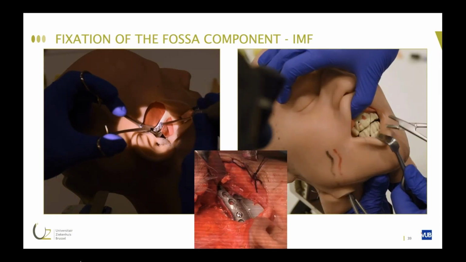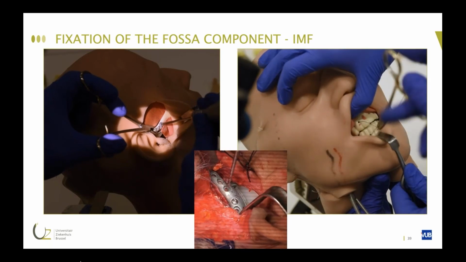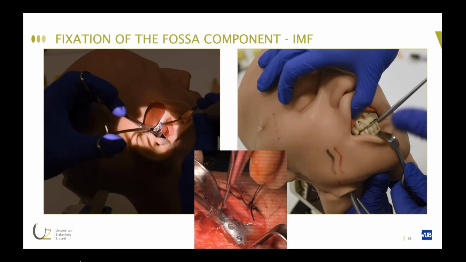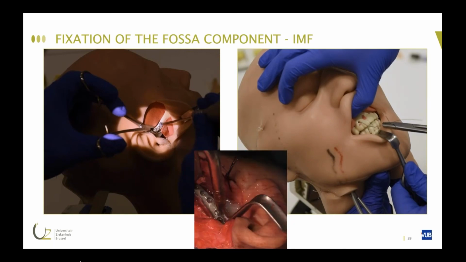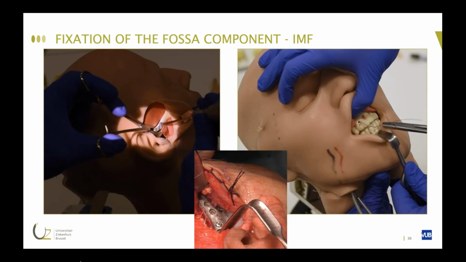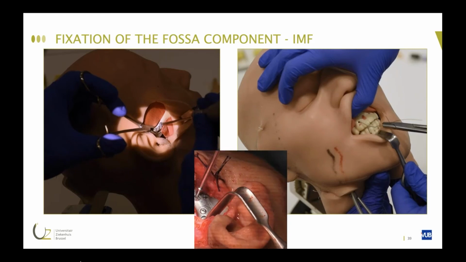And intermaxillary fixation is applied loosely. We need some leeway when we want to put the mandibular component back on top of the resection platform. So don't over tighten the IMF at this moment.